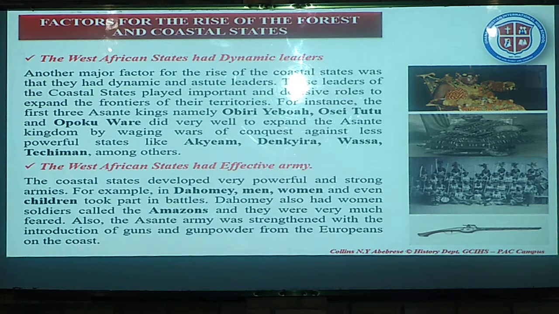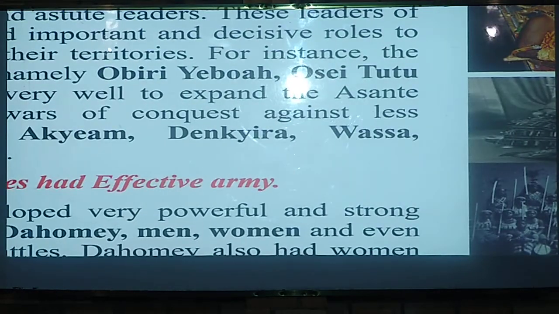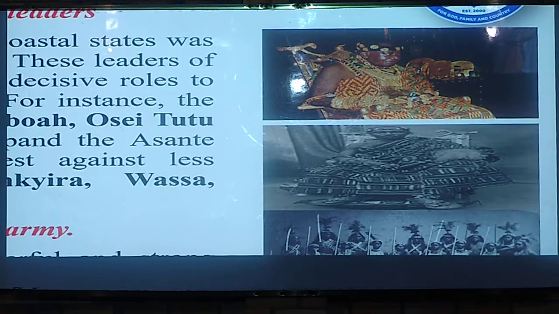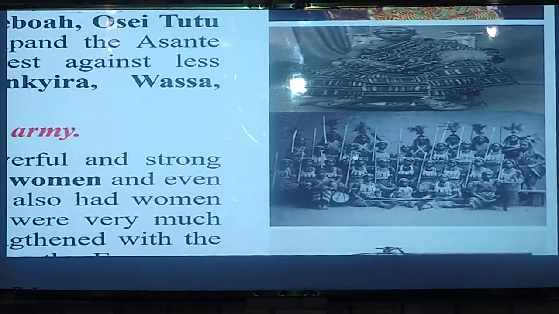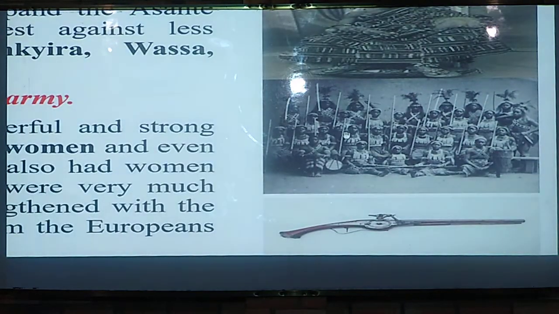Now let's take a look at the pictures over there. Now look at the pictures. Opokuwari is there, the Asante. We have Obiri Abua over here, and this is the Amazon, the women soldiers, and that is a good picture of them.